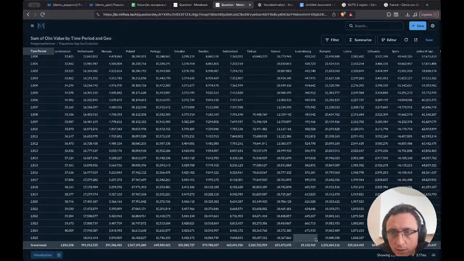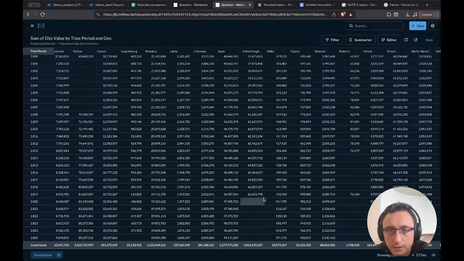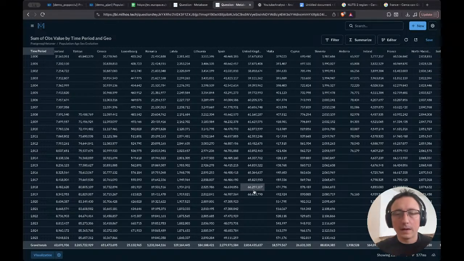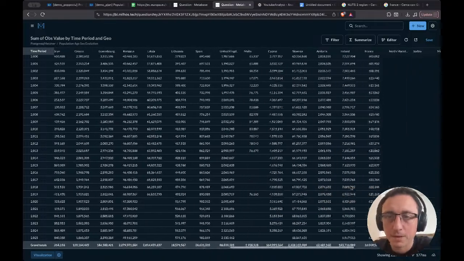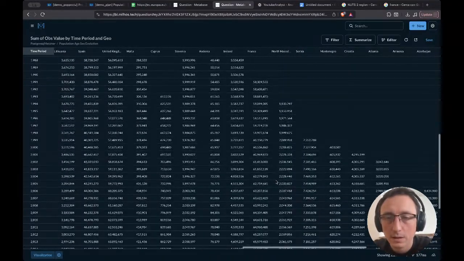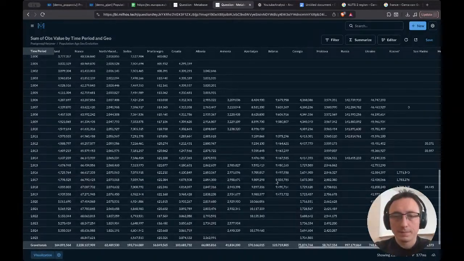I mean, it's not perfect, but it makes sense. United Kingdom also. This is quite annoying that after Brexit they stopped to provide data. Andorra. Okay.